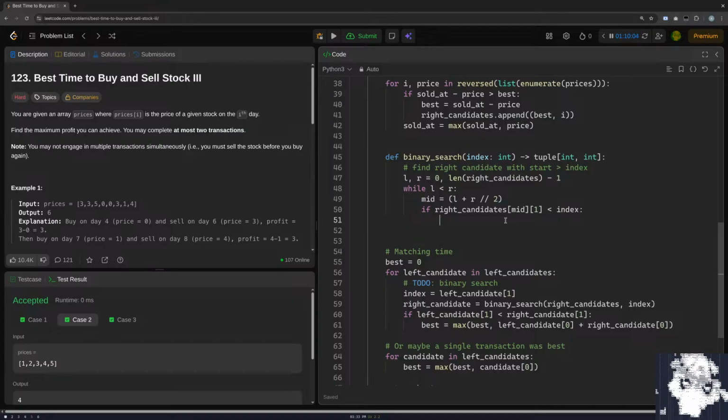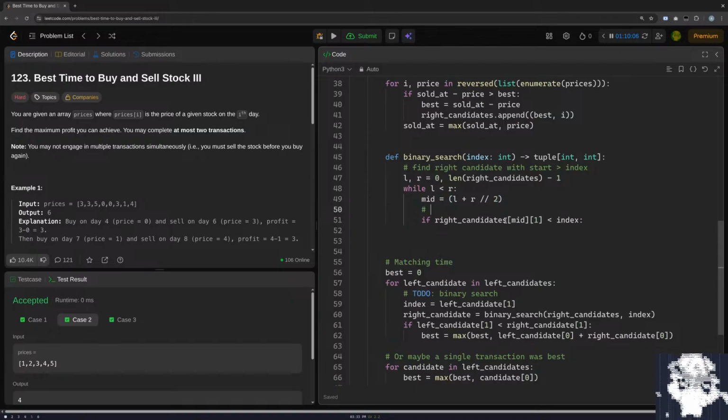so I picked here, this is our search space, this is our middle.